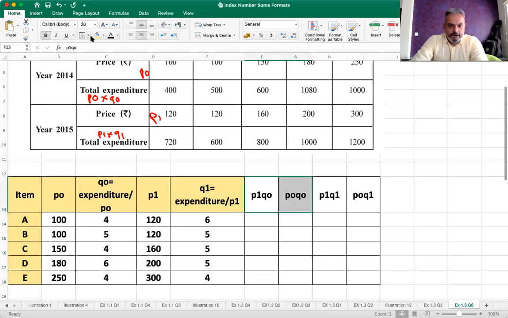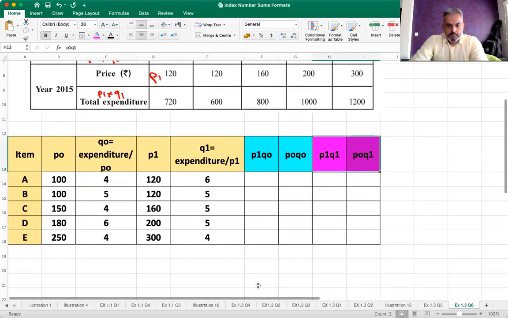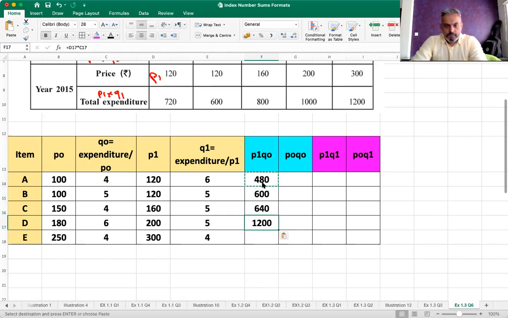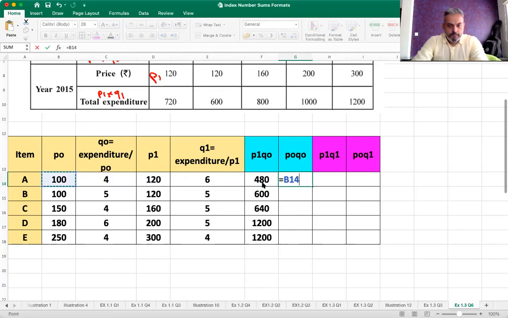So let's find out P0 Q0 and P1 Q1. P1 into Q0. P0 into Q0.